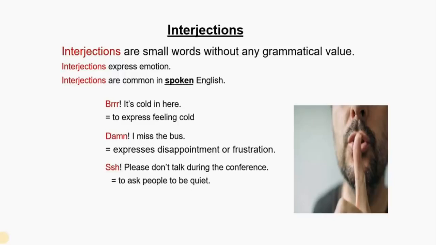Shh. So shh is when we ask people to be quiet, and here the man in the picture is showing a physical gesture that we use in English when we want someone to be quiet. We put the finger in front of our lips, and then we say shh.